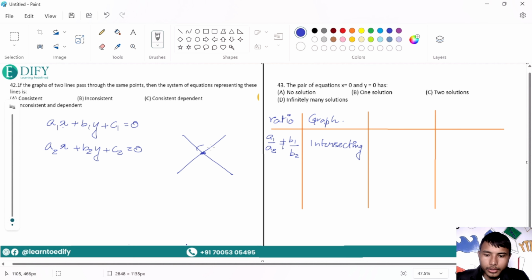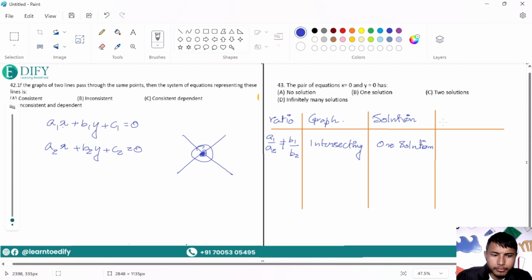So this graph is for a1/a2 not equal to b1/b2. If they are intersecting, the values of x and y are only one, because they meet at exactly one point. So there is a unique solution, only one solution.